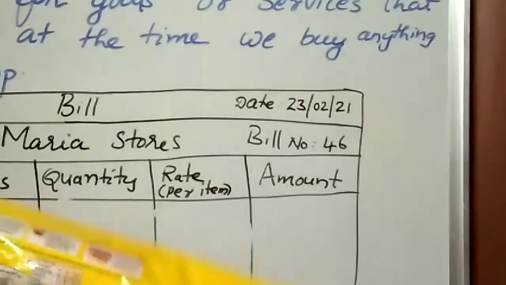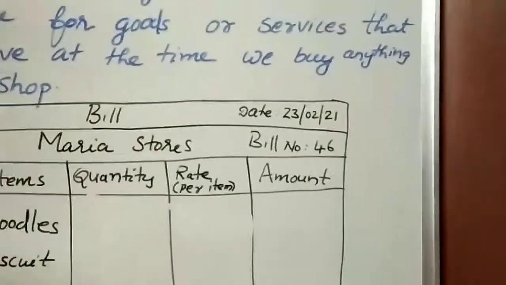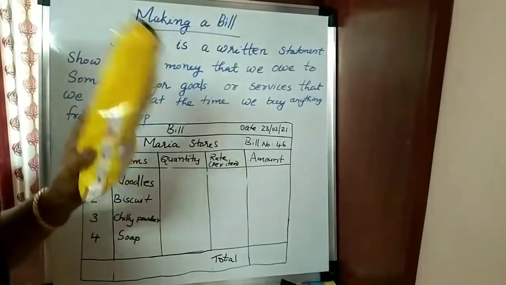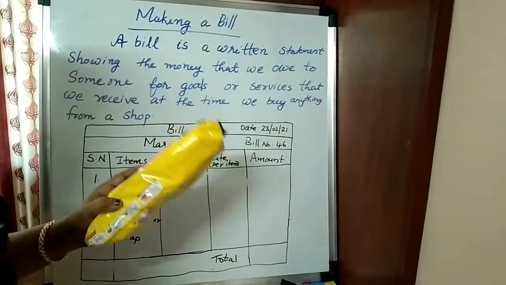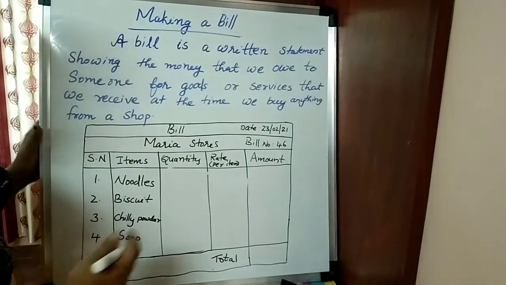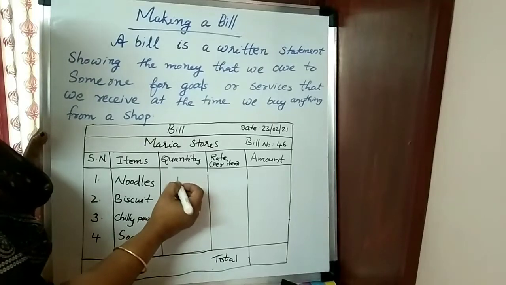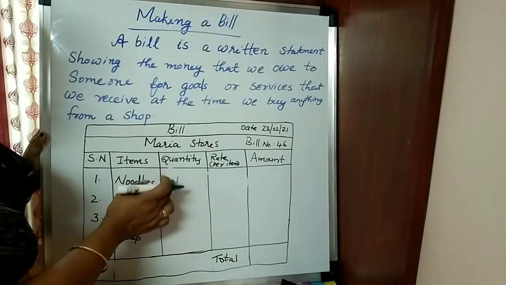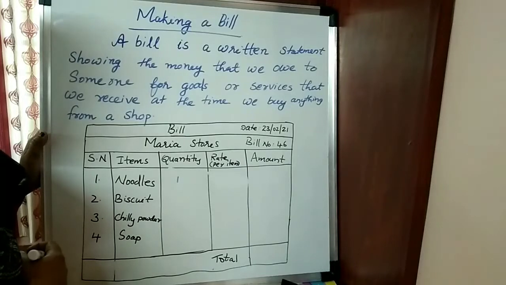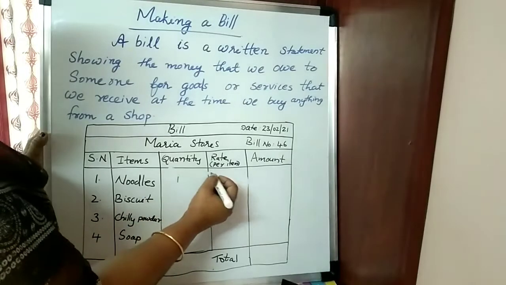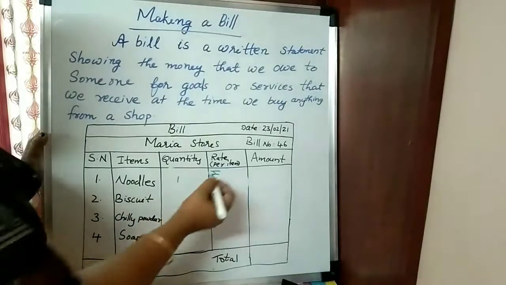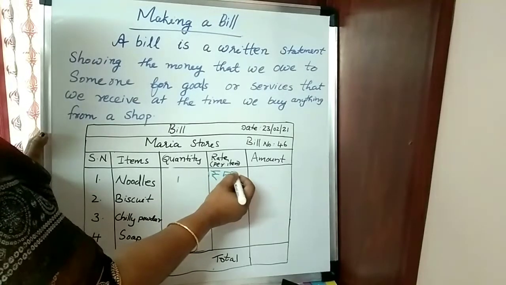I will write the quantity, meaning how many items I have purchased. I have purchased one item, so I will write 1 under the quantity, 1 noodle. Then its rate, the cost of this one item, is rupees 58.